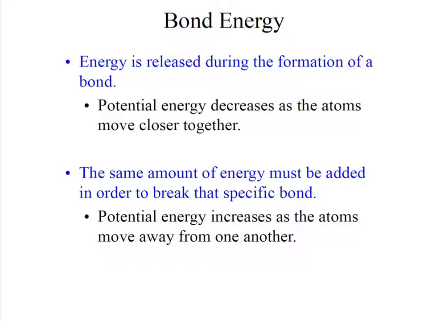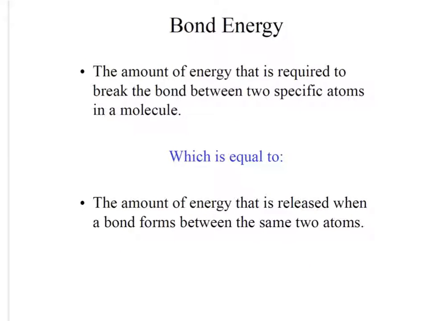Potential energy decreases as the atoms move closer and closer together. Well, the same energy must be added in order to break that bond. Potential energy increases as atoms move farther and farther away from each other. So the amount of energy that is required to break the bond between two specific atoms in a molecule is equal to the amount of energy that is released.